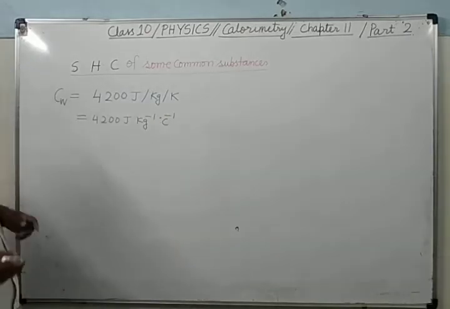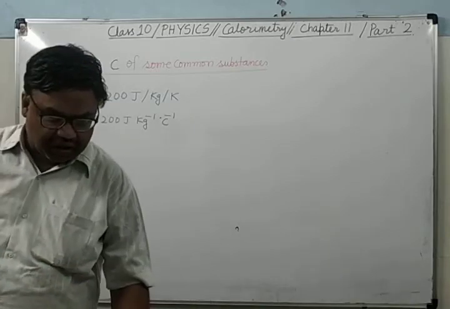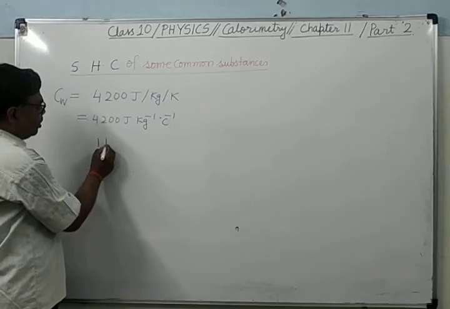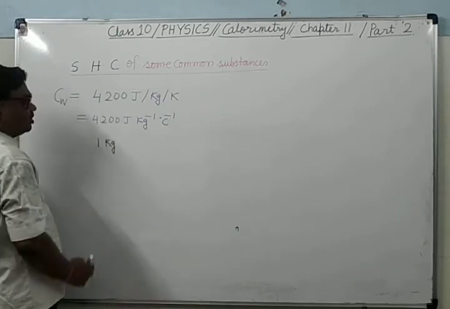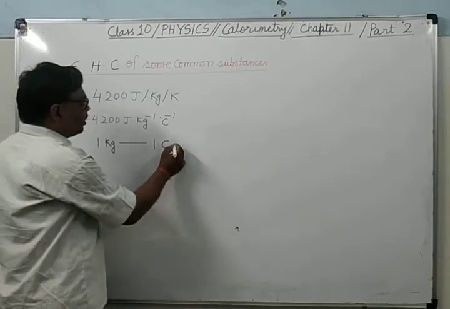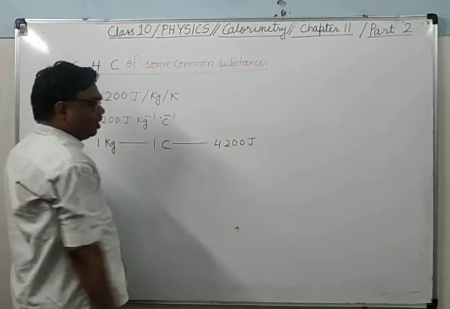So what is its meaning? If there is 1 kg of water, then to raise its temperature by 1 degree Celsius, how much heat energy will be required? 4200 joule of heat energy will be required.